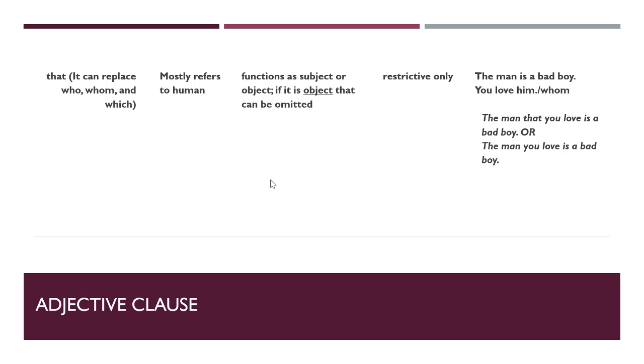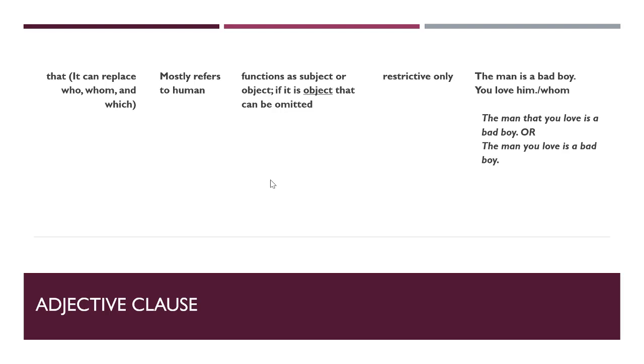So there are many possibilities of the relative pronouns that can be used in this sentence to combine two sentences. It can be whom, because whom refers to human and functions as the object, or it can be that. The man that you love is a bad boy.